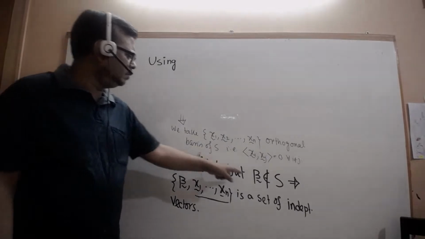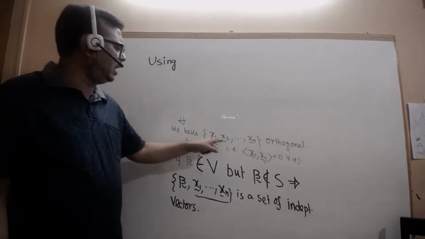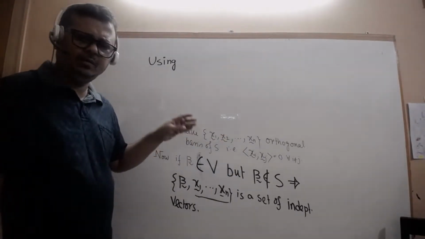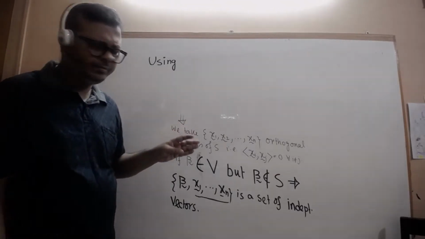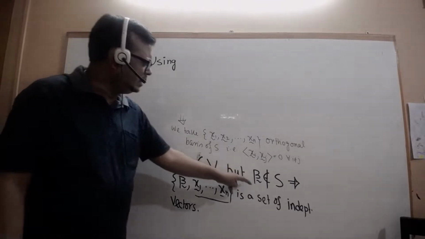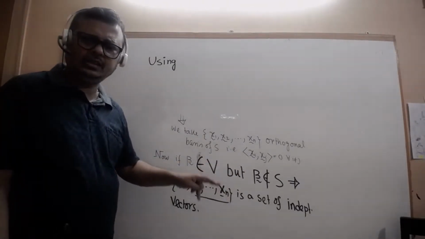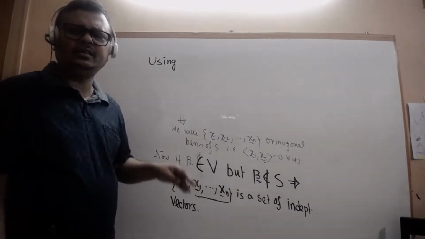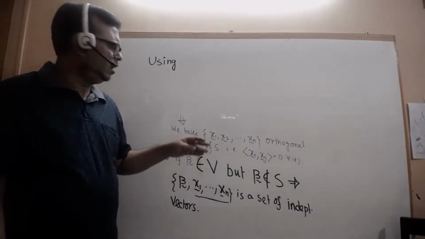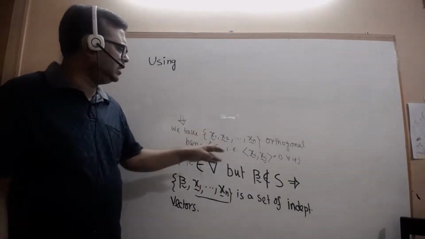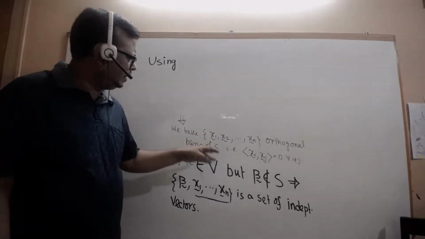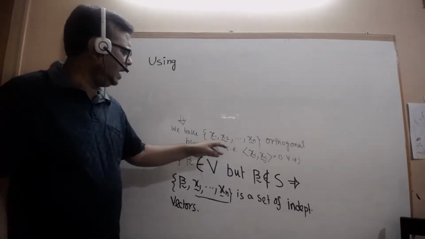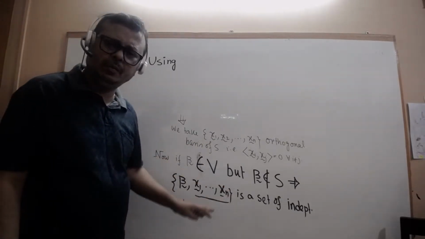That means beta curl, x1 curl, ..., xn curl is a set of linearly independent vectors. Since beta curl does not belong to S, it cannot be written as a linear combination of the vectors in a basis of S.